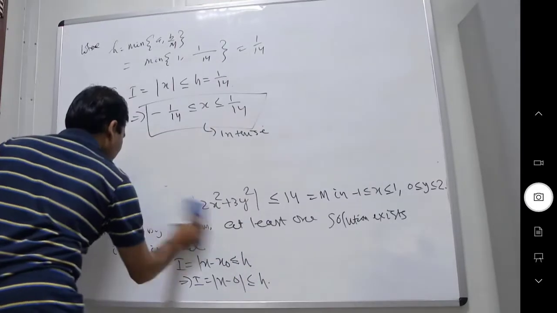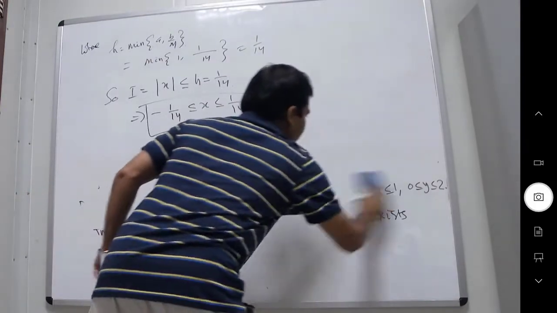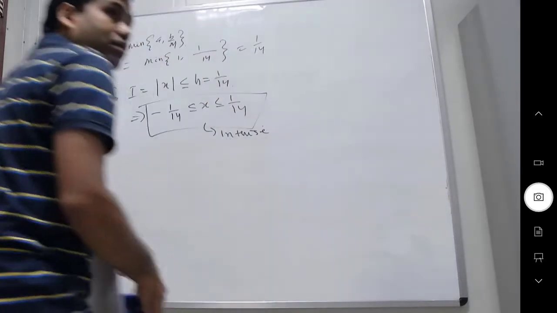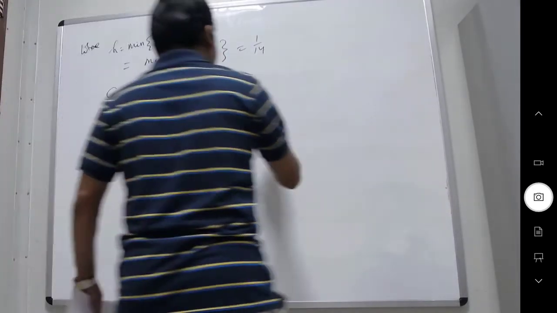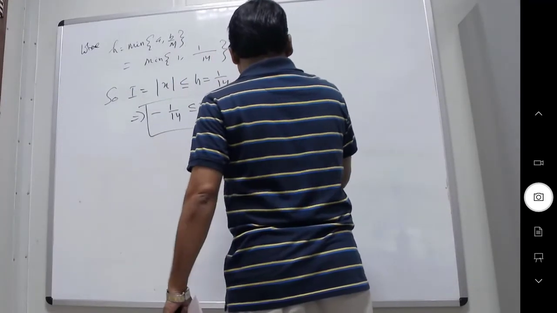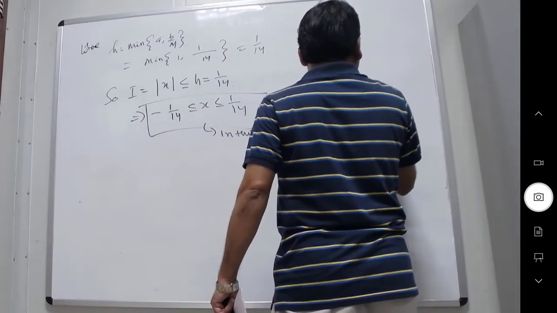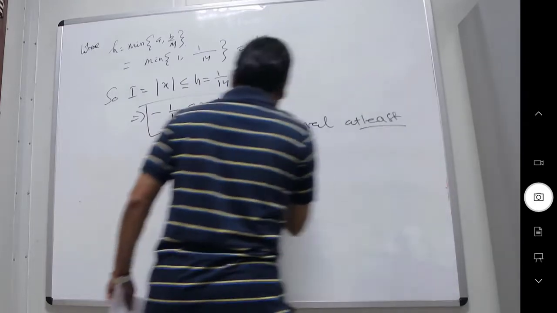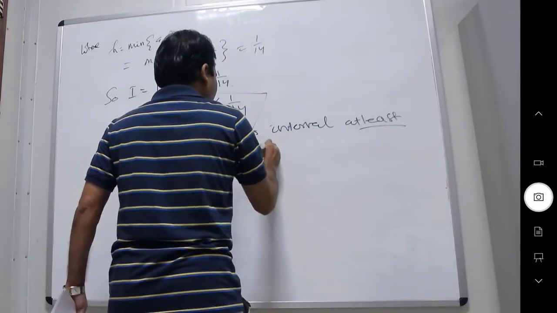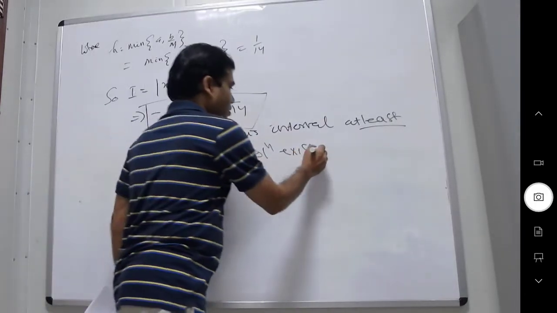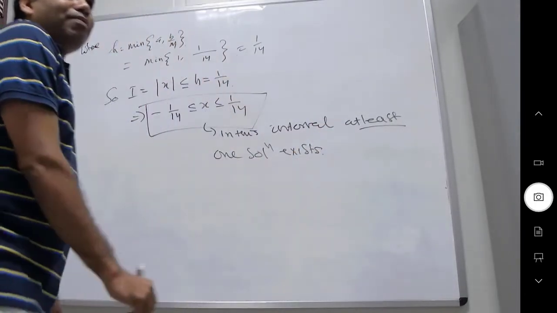So by the theorem we can tell that in this interval at least one solution exists. Very nice. So we have applied the theorem.